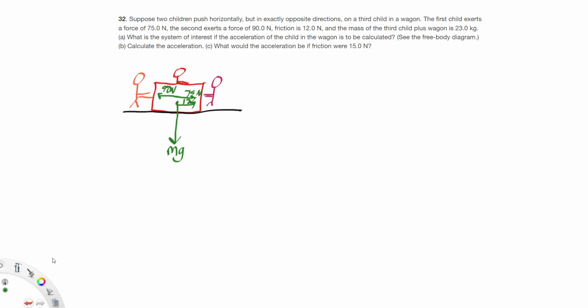All right, so here's our picture. We're going to specify our coordinates, positive x, positive y. And the first push is happening in the positive x direction, nothing in the y. The second push is happening in the negative x direction, nothing in the y.